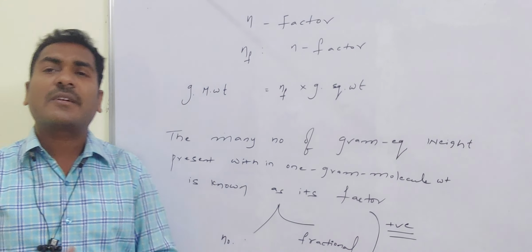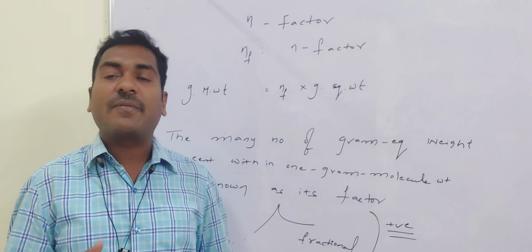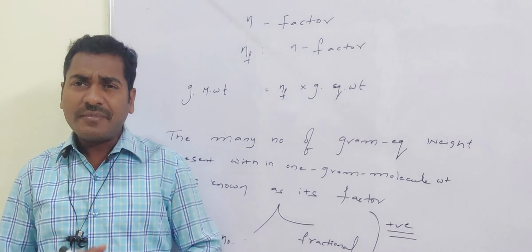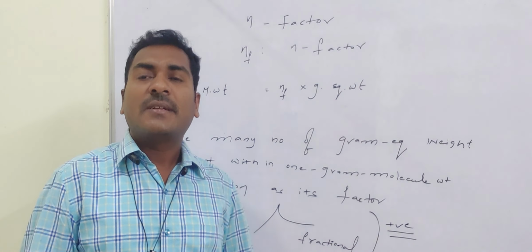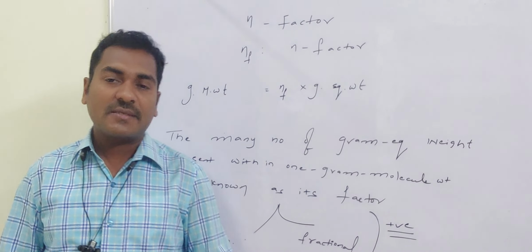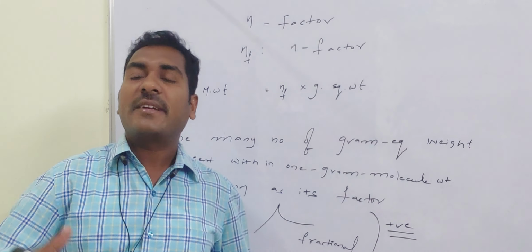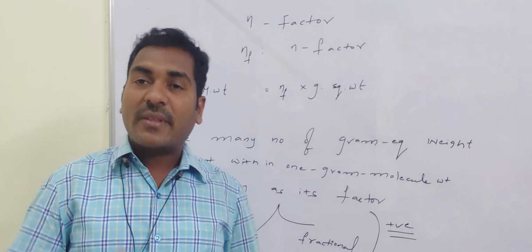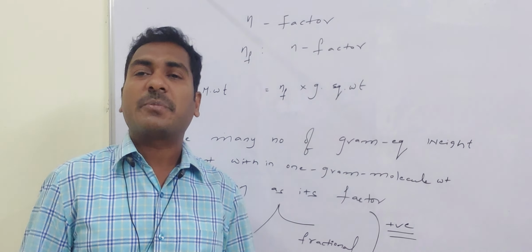That is n factor. Now we will go for calculation of n factor of different components and different varieties of reactions. Especially, it is calculated for the redox reactions. There are different varieties of redox reactions: simple redox reactions, reactions where one particular component is involved in more than one oxidation or more than one reduction, conproportionation, disproportionation.